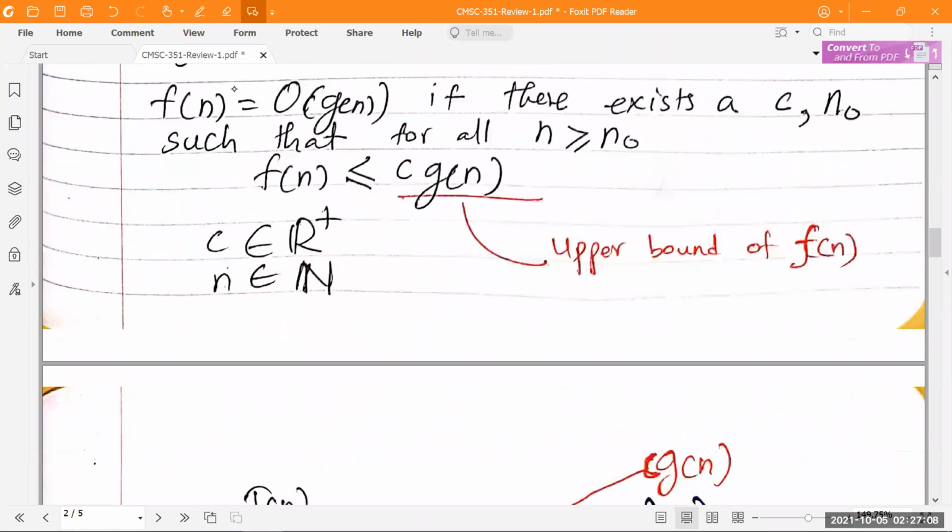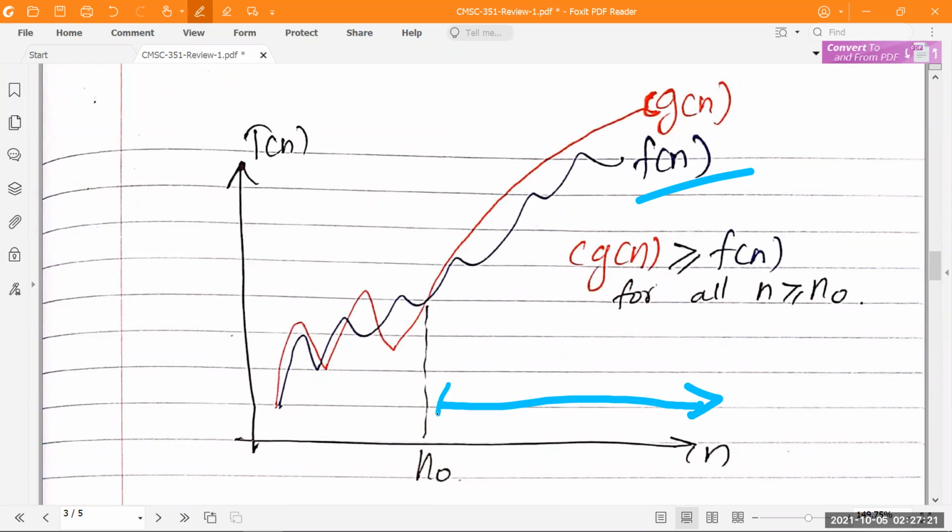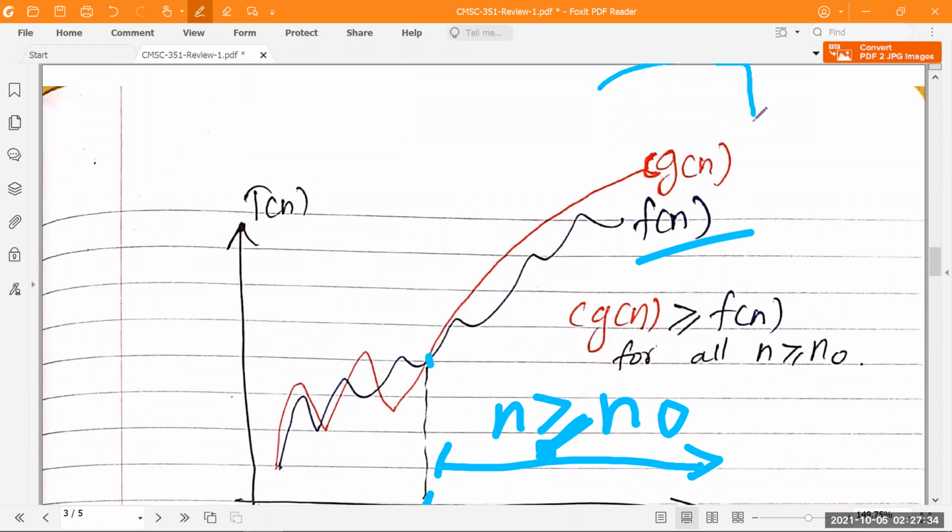With that, we'll go into a graphical representation of what big O of Fn is. So we have Fn here, and after a particular n, so this area is n larger than or equal to n naught. You can see the n naught here. From this point onward, since you have the equal sign as well, Cgn is always larger than Fn.